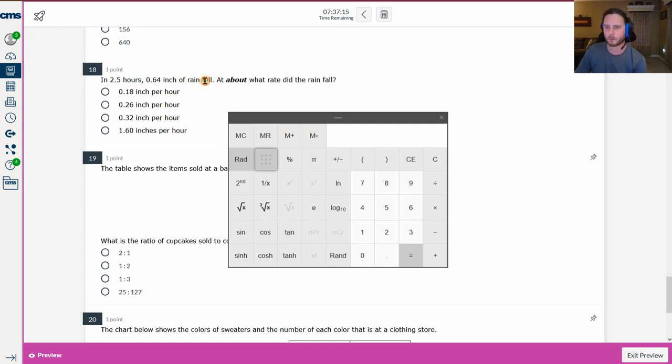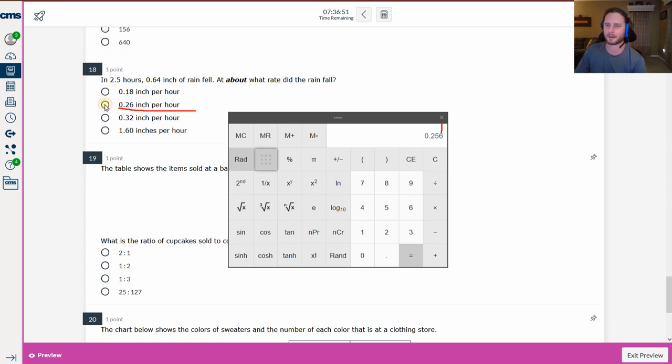You were supposed to do the number of inches, 0.64, divided by the number of hours, 2.5 hours. And that would give you 0.256. Or, if we round up, because that is a 5 or more, we would get 0.26.